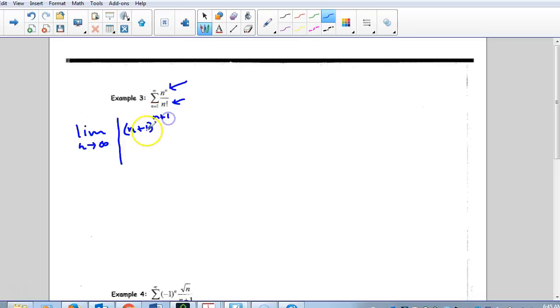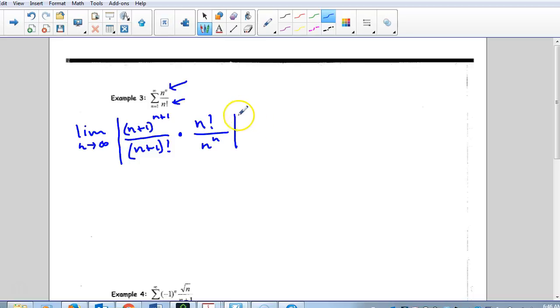We're putting in n plus 1 in for everything, over n plus 1 factorial. Now I'm not going to make the complex fraction. I'm going to flip that original one and just say n to the n. I'm sorry, n factorial over n to the n. All right, and I need to know the value of that. Less than 1, it converges. Greater than 1, diverges. Equal to 1, no conclusion.